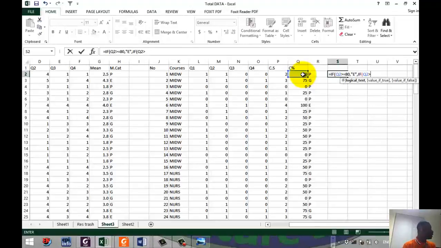If cell 2 is greater than 60, then we say the person is a G. Then we close it.